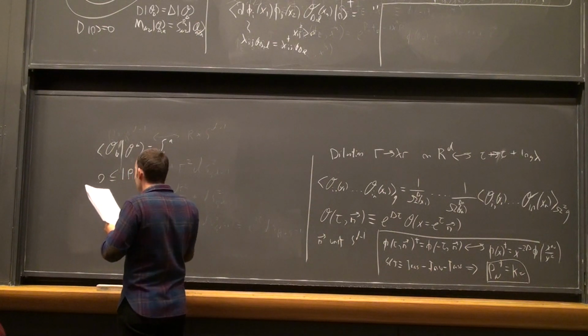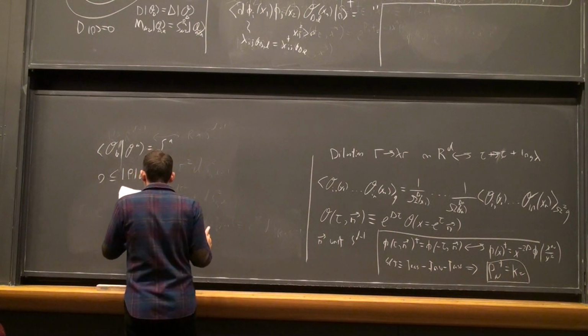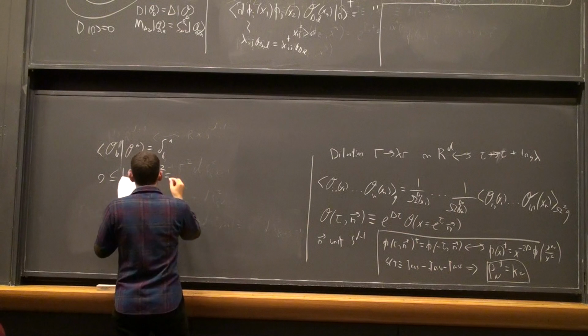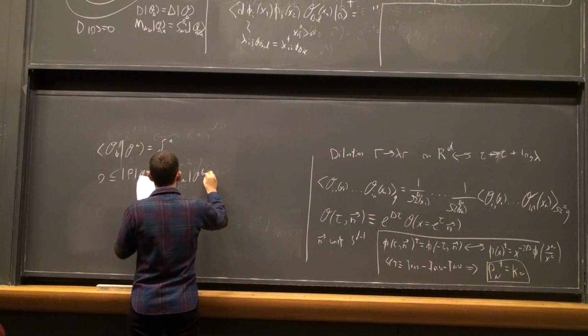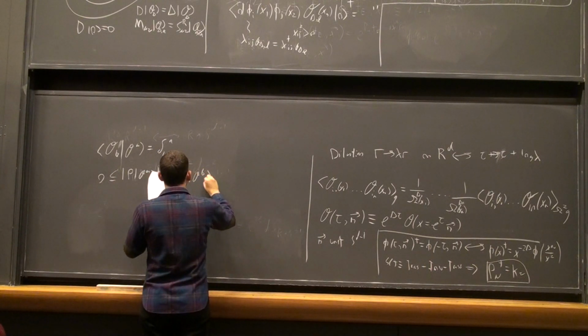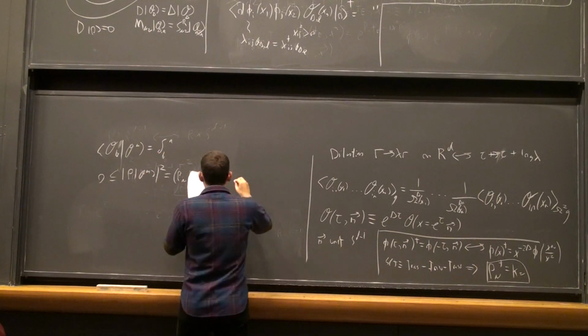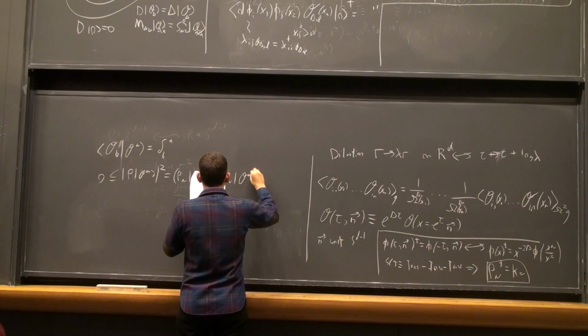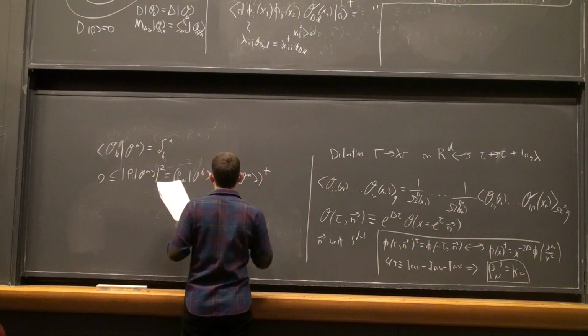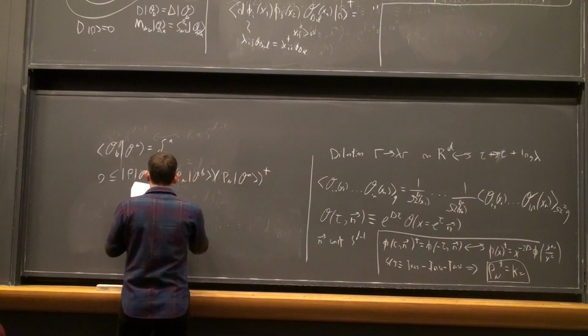Let's unpack this definition and see what it teaches us. By definition, this is P_nu acting on our operator O_B and P_nu acting on our operator O_A, conjugate. I just unpacked what this means.